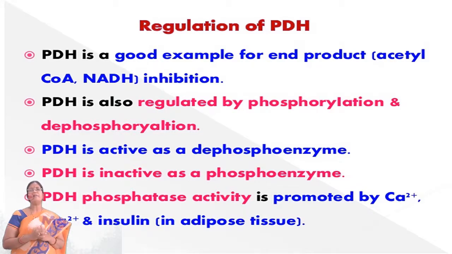Generally, PDH is active when it is in the dephosphorylated form, and it is inactive as a phosphoenzyme, which is a reverse case. Generally, enzymes will be active in the phosphorylated form, but pyruvate dehydrogenase will be active in dephosphorylated form. And next, the PDH phosphatase activity is promoted by calcium and magnesium in presence of insulin. So this is about the regulation.